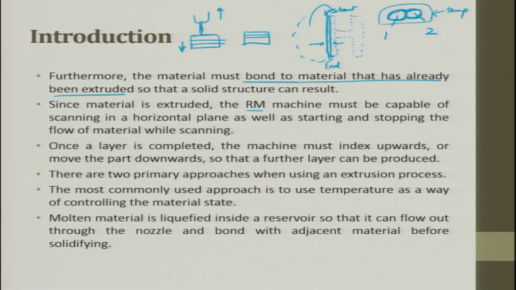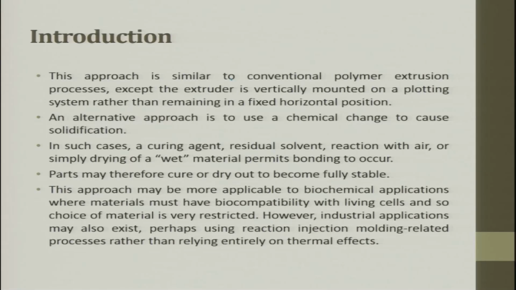So, now I think you should be able to appreciate, when you look into the analogy of icing and when you look at rapid manufacturing extrusion process, it is almost the same. This approach is similar to conventional powder extrusion process, except the extruder is vertically mounted on a plotting system rather than remaining in a fixed horizontal position.